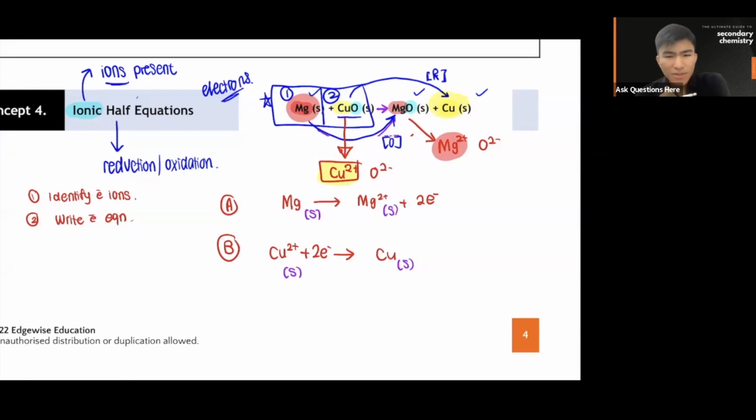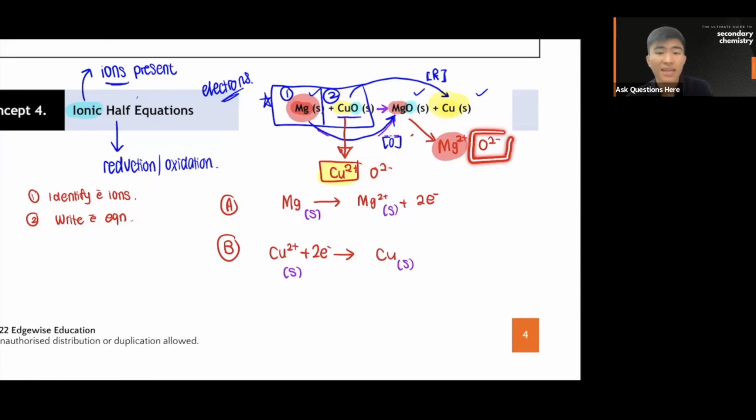Now, I want to teach you something over here. Some students may ask, why is it that oxygen appears on the left-hand side and the right-hand side, but I don't bother about it? Why don't I care about it? Do you realize that this oxygen over here is actually an oxide ion, which is O2 minus, both on the left-hand side of the equation and on the right-hand side?